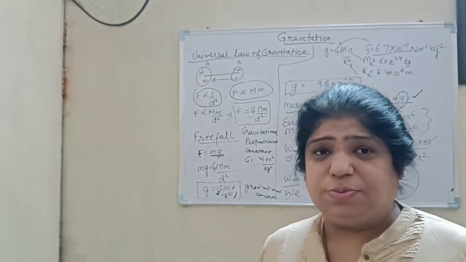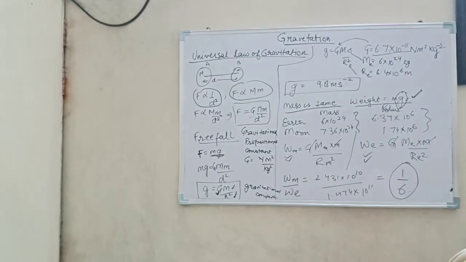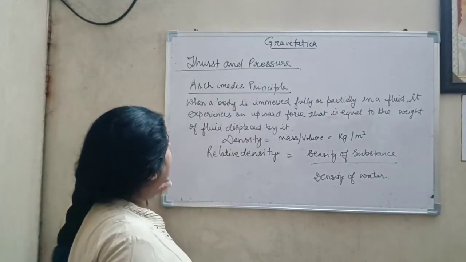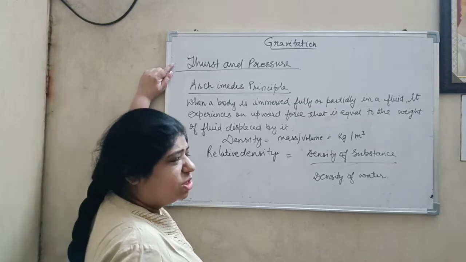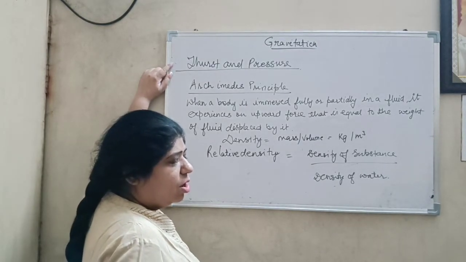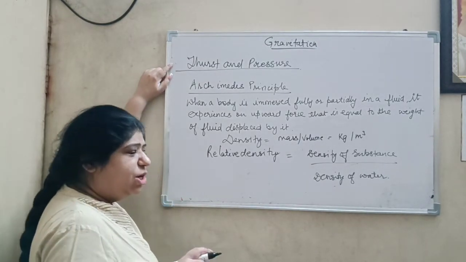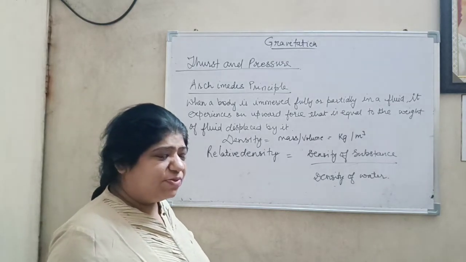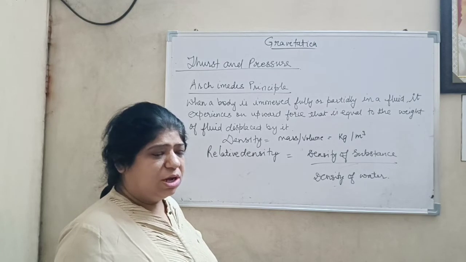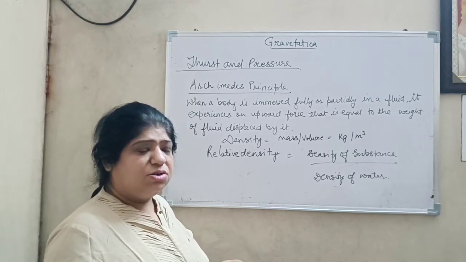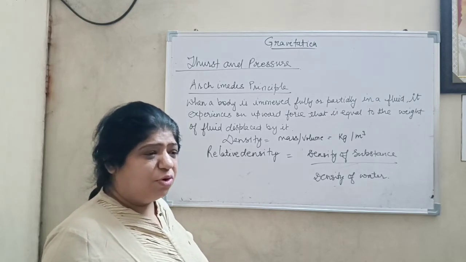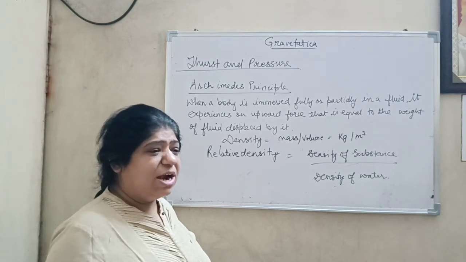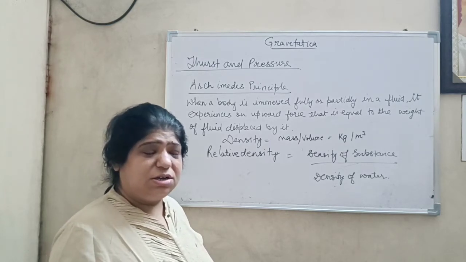Now thrust and pressure. What is thrust and what is pressure? You stand on sand, your feet will go down in the sand. So that is thrust, and when you sit on the sand, the sand will not go down.